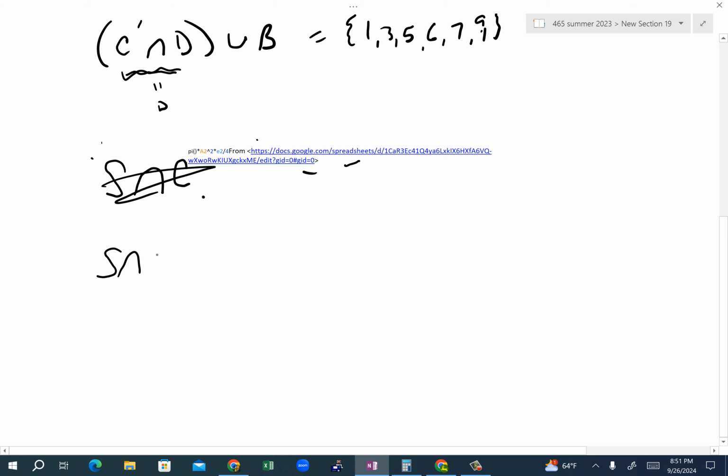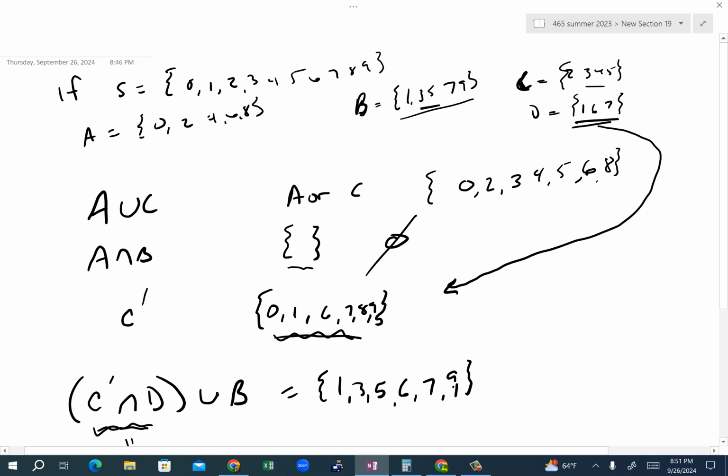So S intersect C. Take the complement of that. Well, now hold up. S is the sample space. C is a component of that, so we're looking at not this.